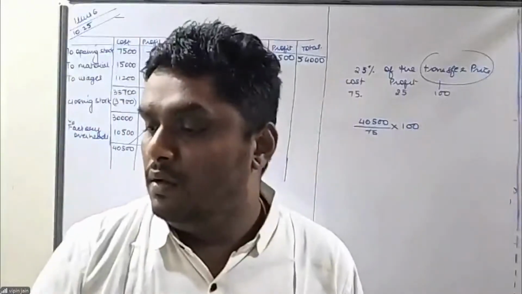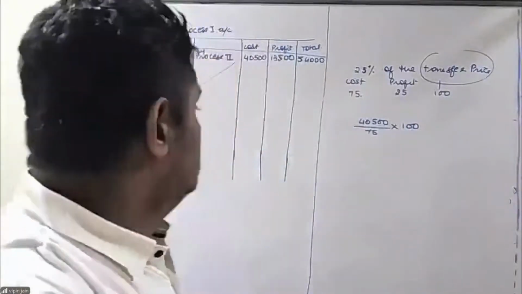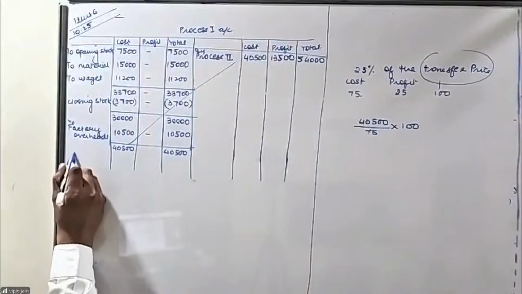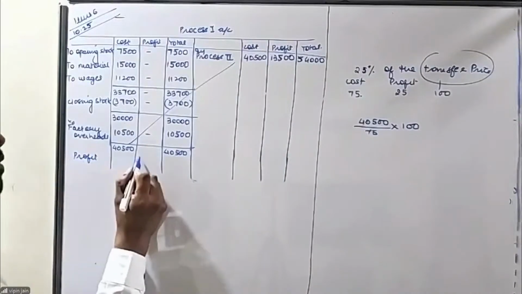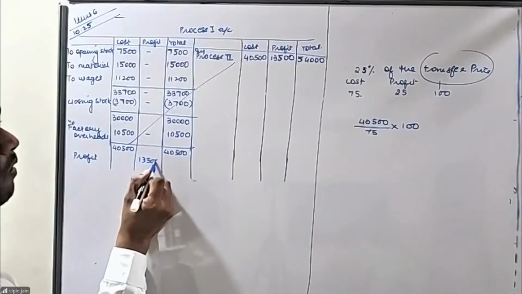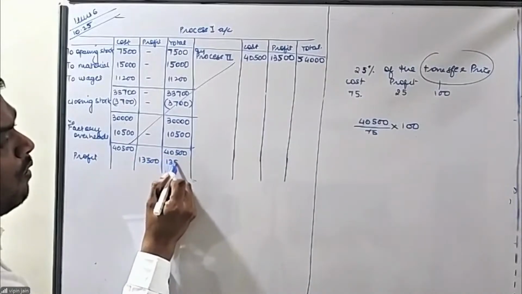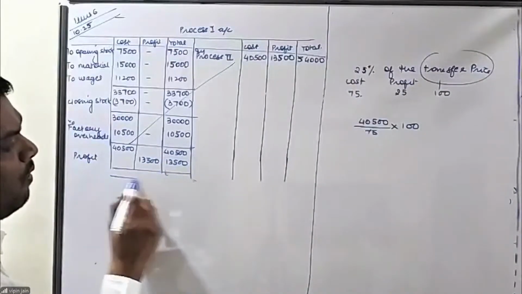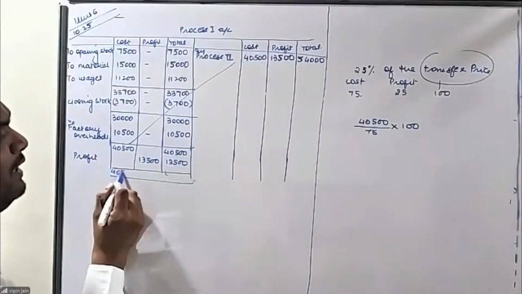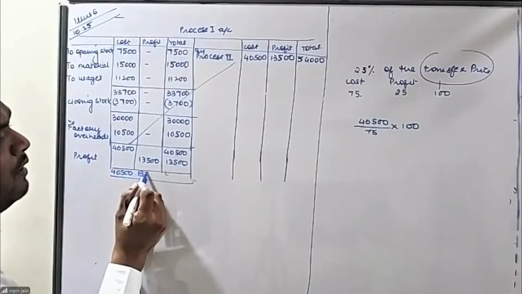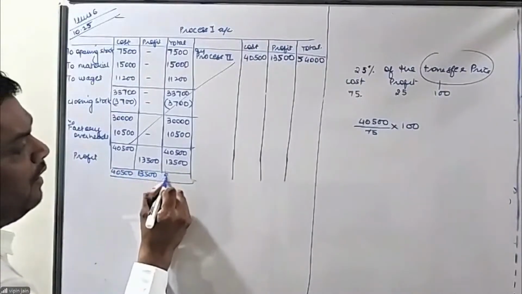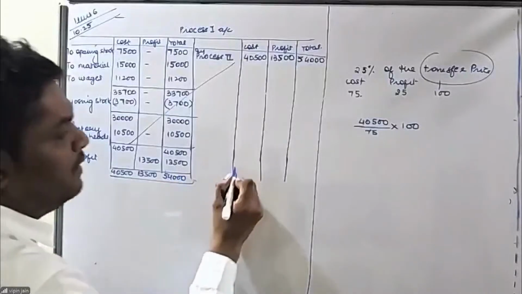So this will be 40,500, 13,500 and 54,000.